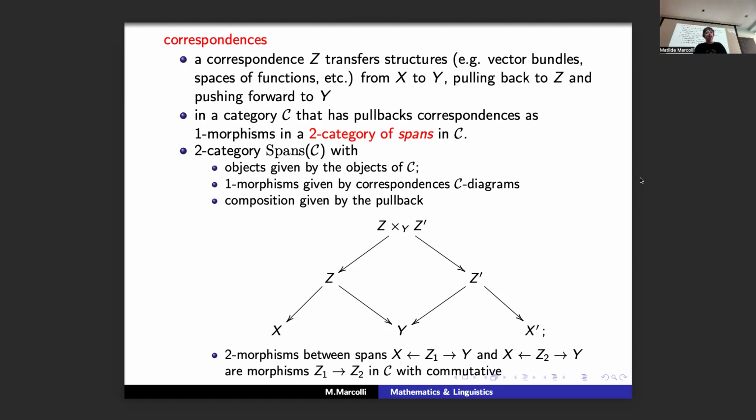So in this setting, you have objects of your category, one-morphisms are correspondences of diagrams, and composition is given by pullback.